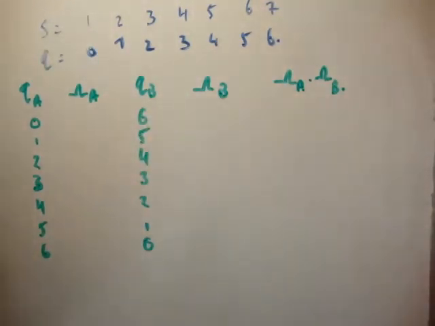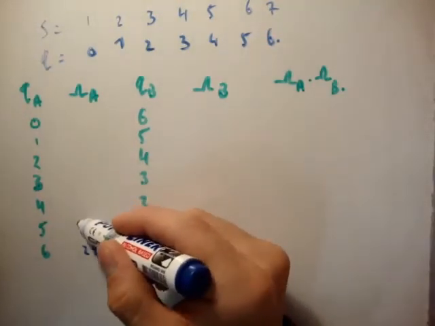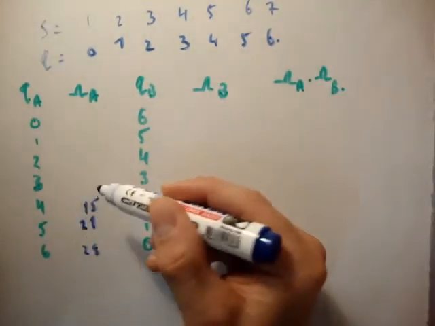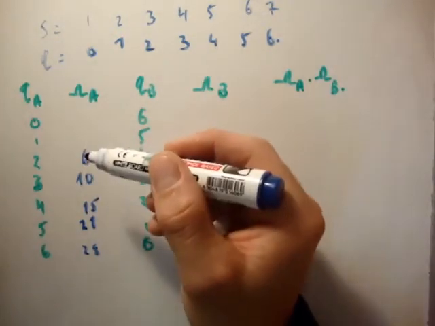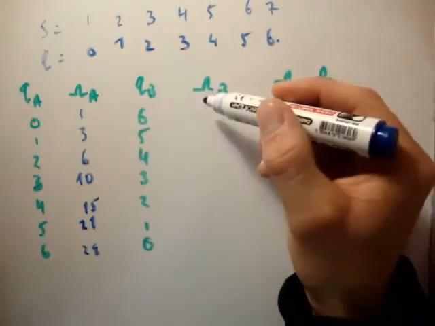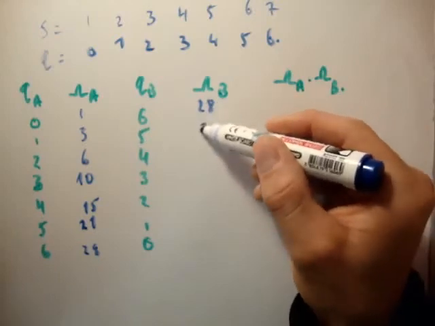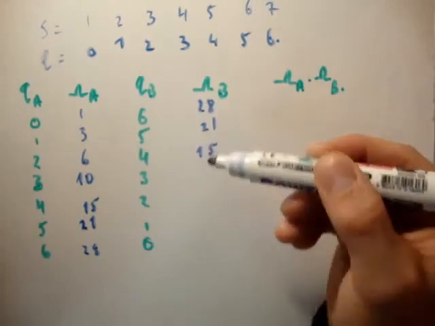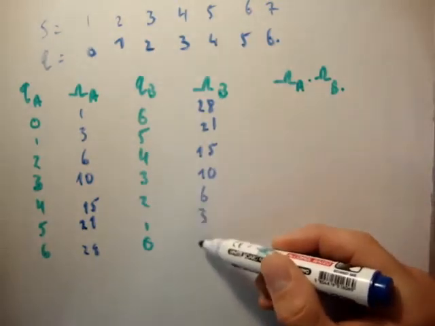We know the multiplicities are as follows: 28, 21, 15, 10, 6, 3 and 1. And then this would be the complete opposite: 28, 21, 15, 10, 6, 3, 1.